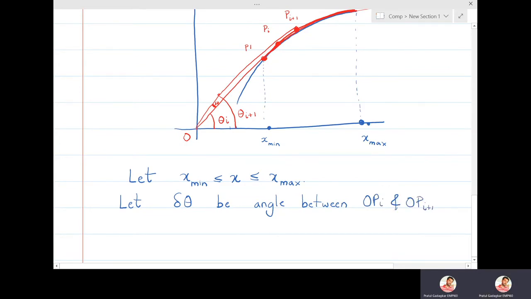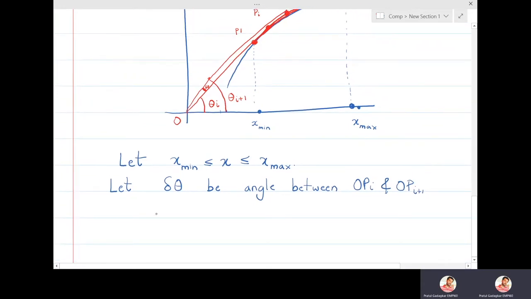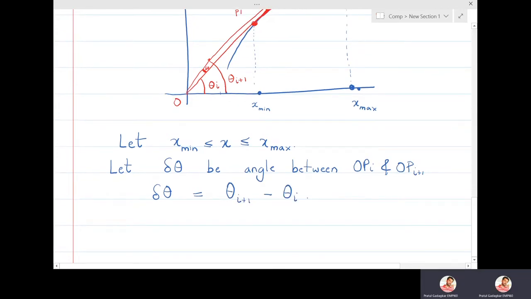Theta i is the angle made by OPi with respect to the x-axis, and theta i plus 1 is the angle made by OPi plus 1 with respect to the x-axis. So delta theta is equal to theta i plus 1 minus theta i. This eventually means that theta i plus 1 will be equal to theta i plus delta theta.